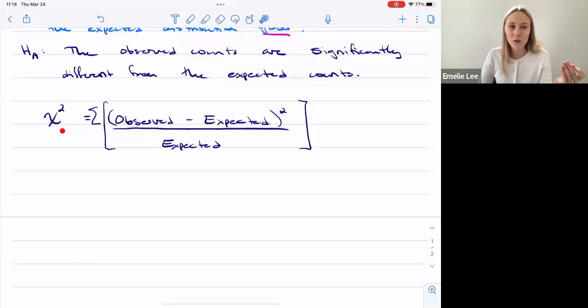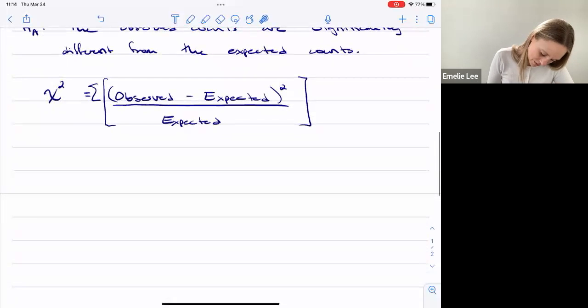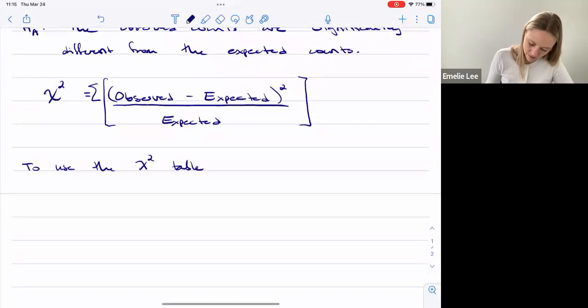And then we said, okay, we're going to use a chi-squared table, or you can use software. But I would probably just use the table. But to use the chi-squared table, we need the degrees of freedom.